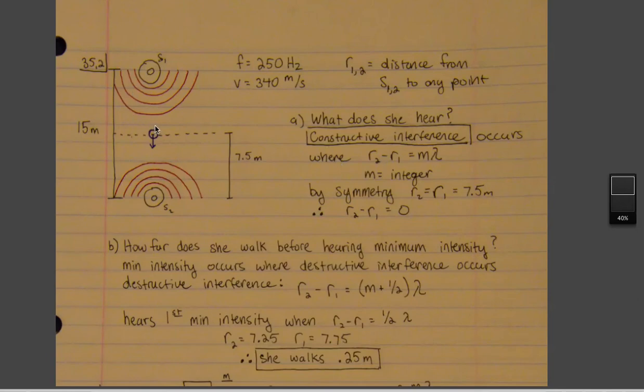Since she is exactly in the middle, R2 equals R1, meaning they both are 7.5 meters. So 7.5 minus 7.5 is equal to 0. 0 is an integer, so constructive interference occurs.